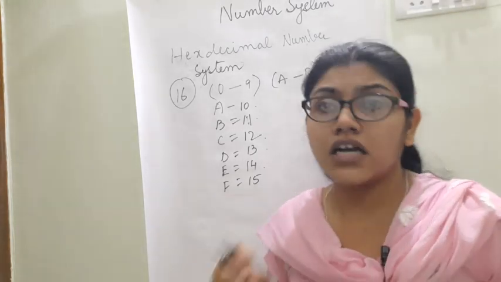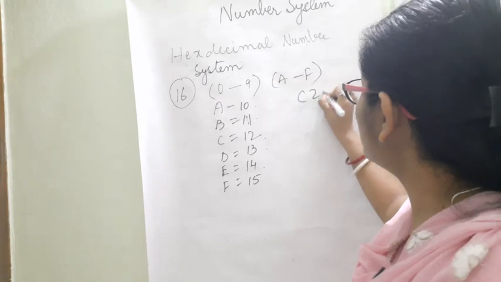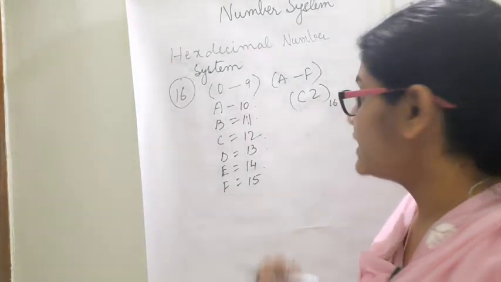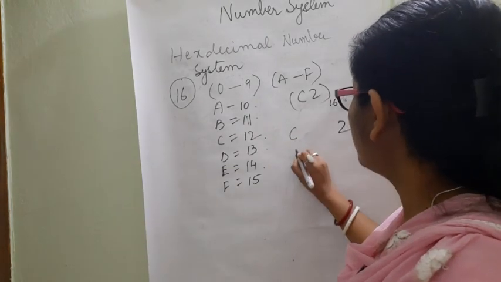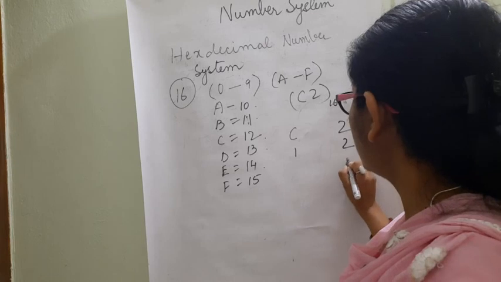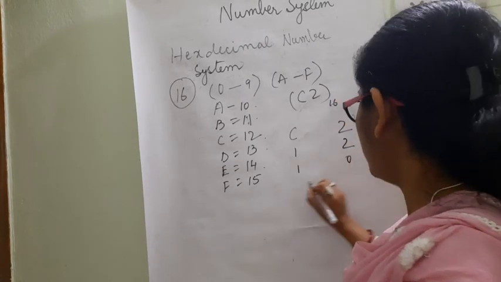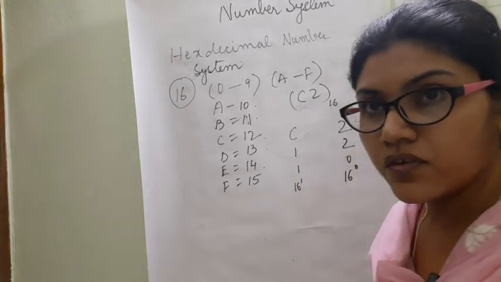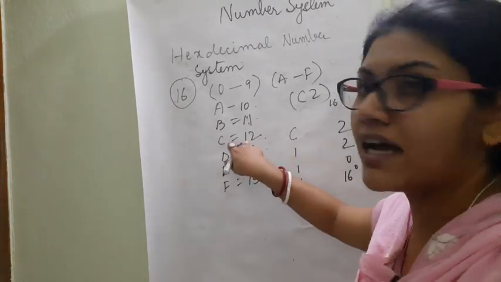Now we will convert some numbers. We are taking the number C2 base 16. Position 1, 2, weight 0, 1, so 16 to the power 1 and 16 to the power 0. C's value is 12.